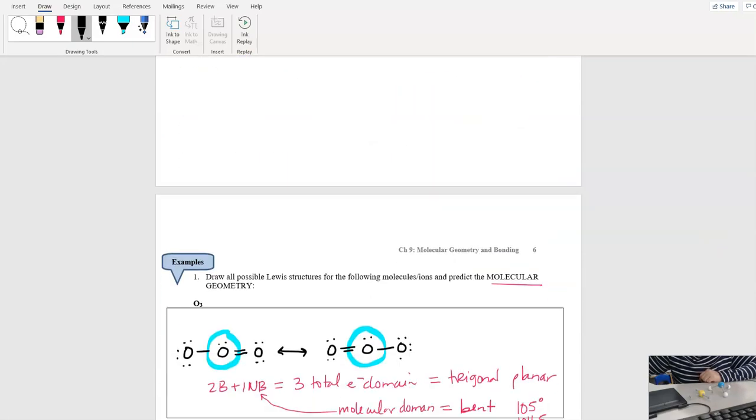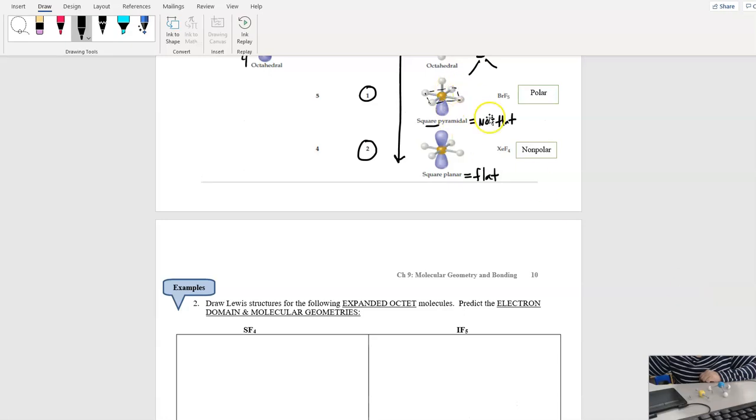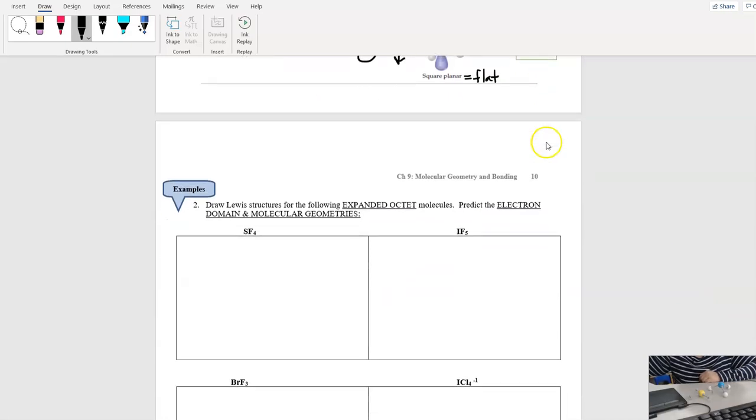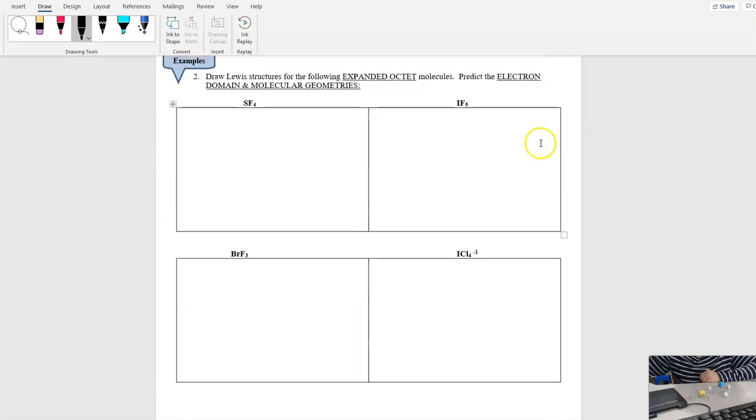A lot of names and a lot of angles, ladies and gentlemen, and the only way that you're going to learn it is by practicing, okay? So this is what I want you to do. I want you to take the remaining of these examples right here, and all of these are expanded octet. I want you to draw them, but tell me the names.